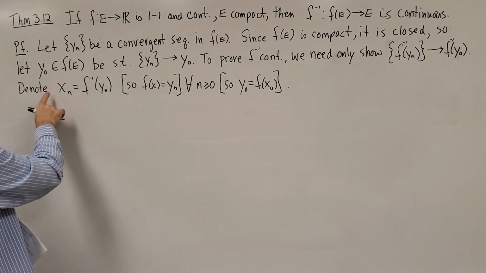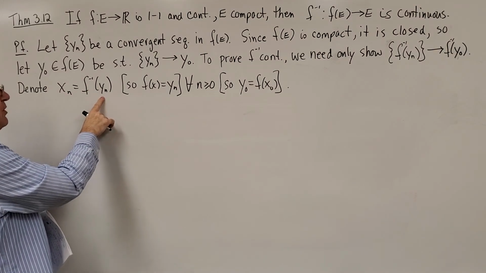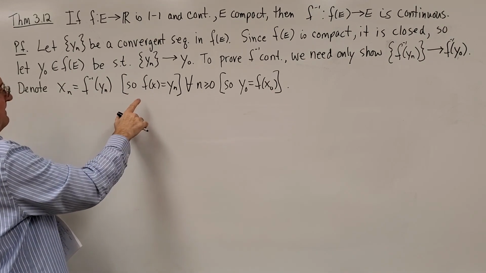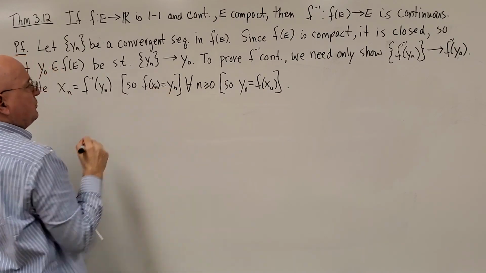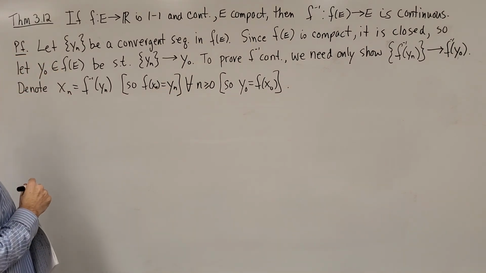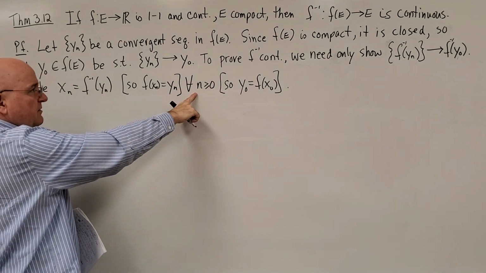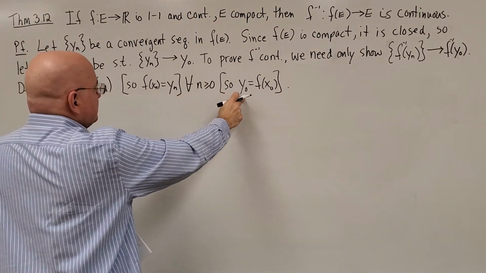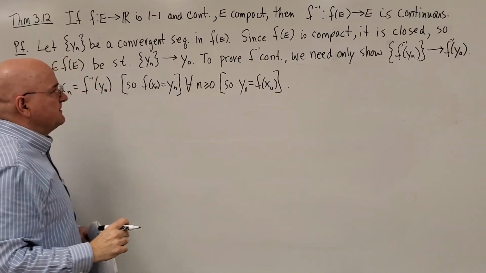Well, let's denote xn equal to f inverse of yn. Another way of saying that would be that f of xn is equal to yn for all n starting at 0, 1, 2, 3, and so on. And this defines y0 to be f of x0.